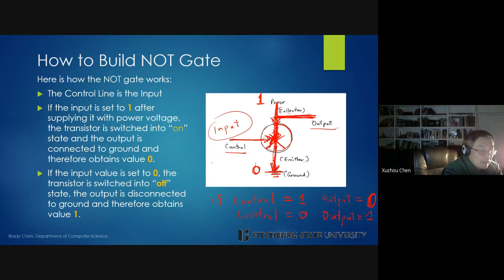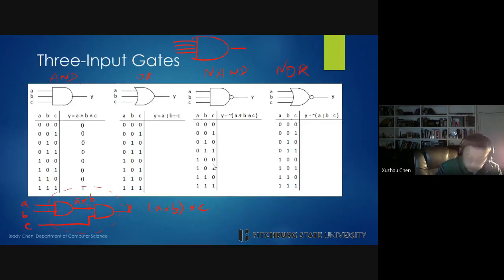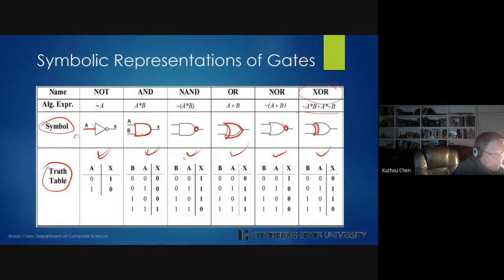So this is the control side, and this is the collector. The emitter, the other side, is always grounded. The control basically either connects the collector to the ground, to keep the value 0, or disconnects it.